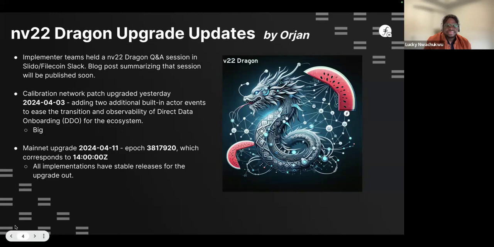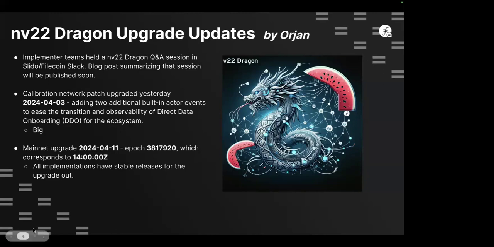Yes, Jennifer. Thank you, Orion, for the update and also for helping coordinate this upgrade across all these ecosystem teams, users, and implementers. My hand is more for, as Orion mentioned, we did patch the calibration upgrade earlier this week. And this is actually not patching for a bug.